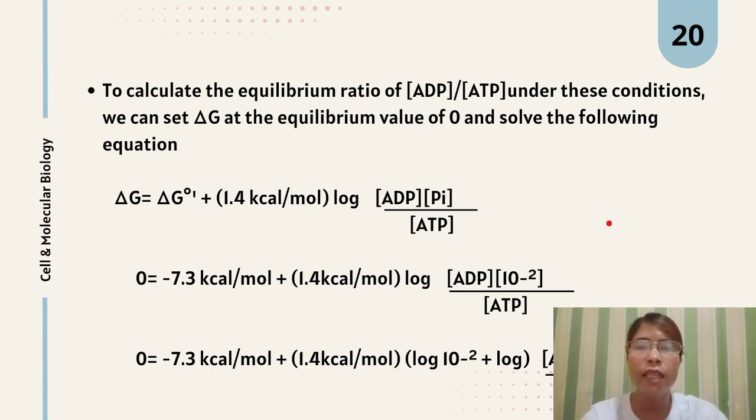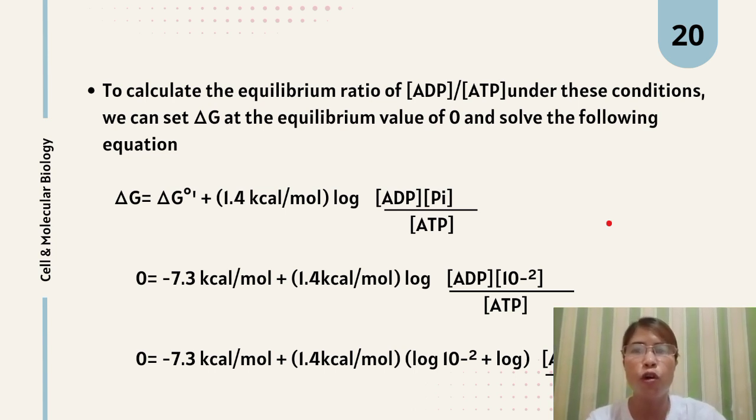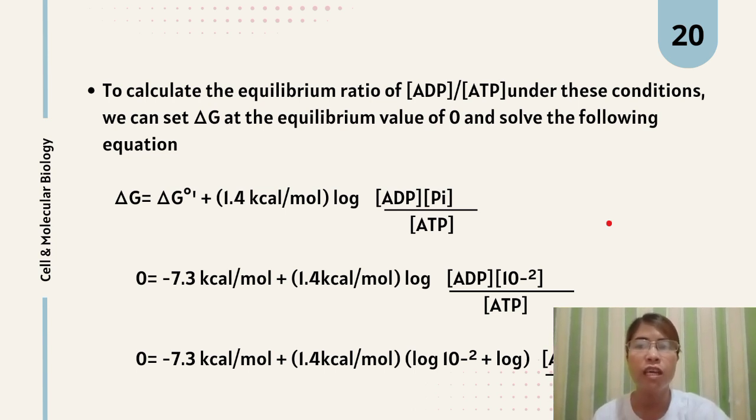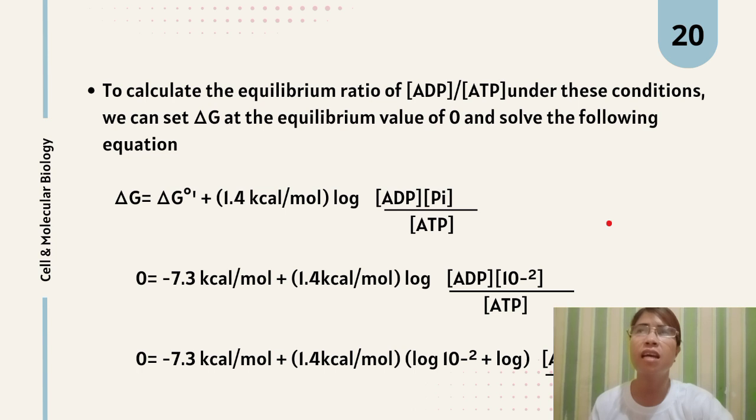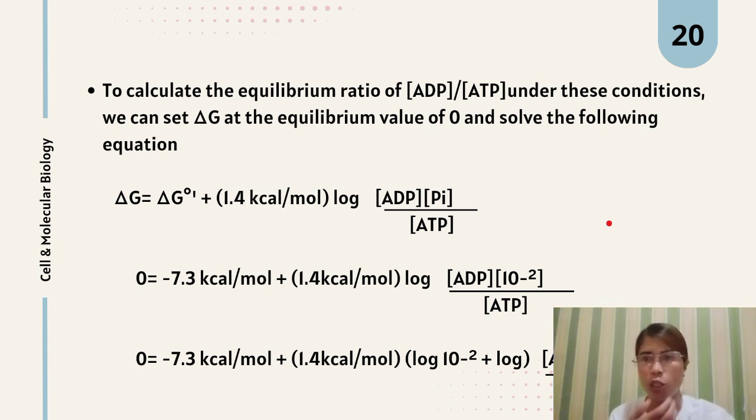So, to calculate the equilibrium ratio of ADP and ATP under these conditions, we can set the change in free energy at the equilibrium value of 0 and solve the following equation. So, magkaiba po yung sinasabi ko na kanina, yung change in free energy at standard free energy change.